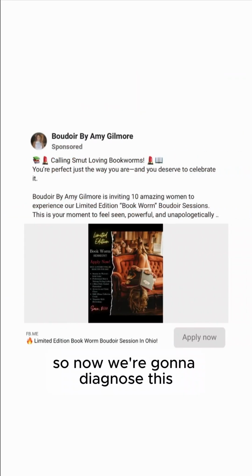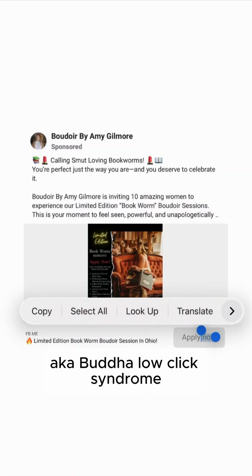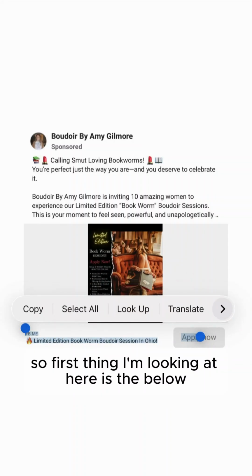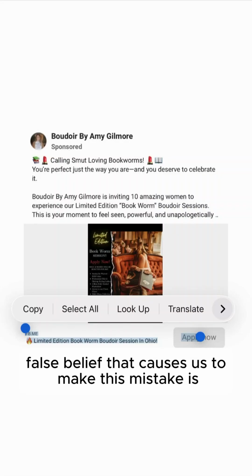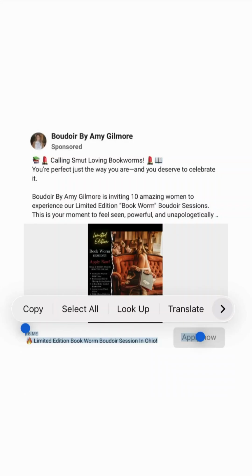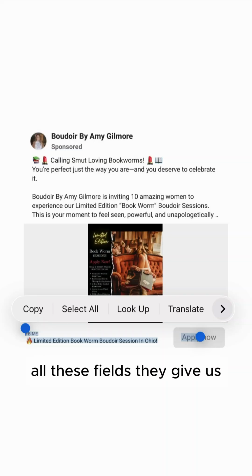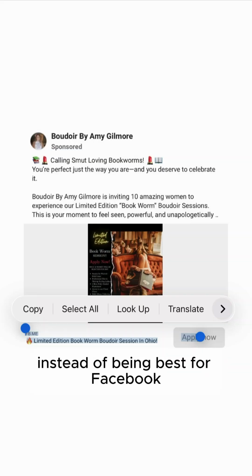So now we're going to diagnose this if we believe it has BLCS, aka Boudoir low click syndrome, with a unique CTRL under 6%. So the first thing I'm looking at here is the below creative cluster mistake. The false belief that causes us to make this mistake is we're trusting that what Facebook recommends for us to fill out in our ads, all these fields they give us, is best for us instead of being best for Facebook.